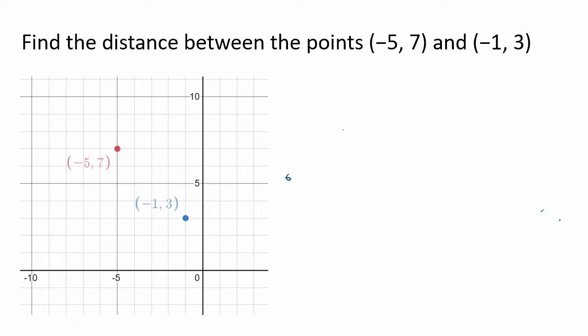If you draw a line to make a right angle triangle, you can easily see the third point. From the y-axis it is -5, and from the x-axis it is 3.